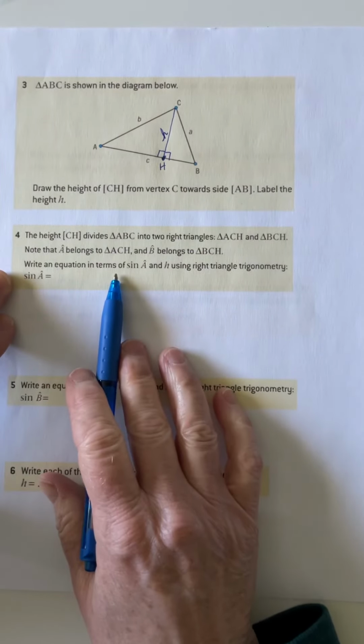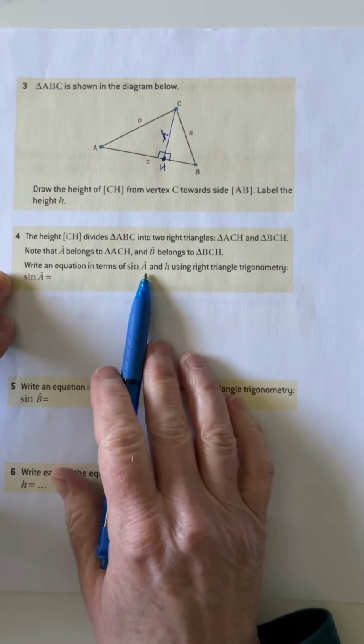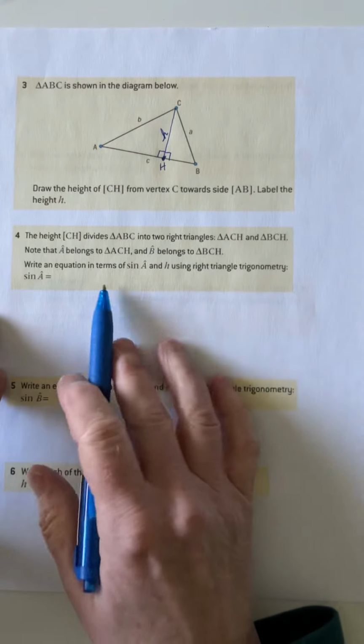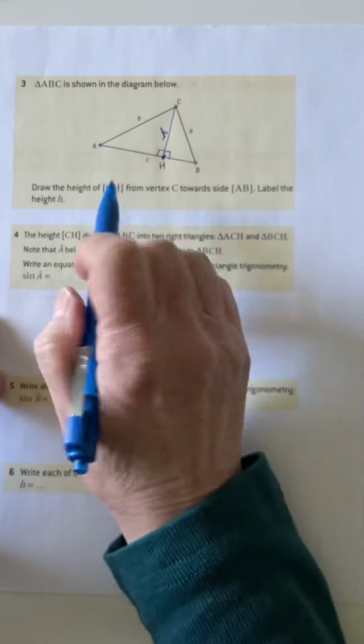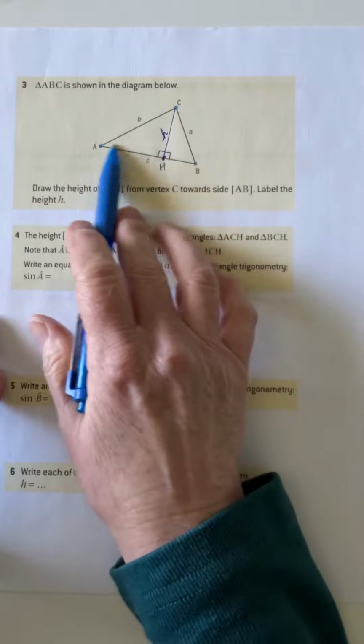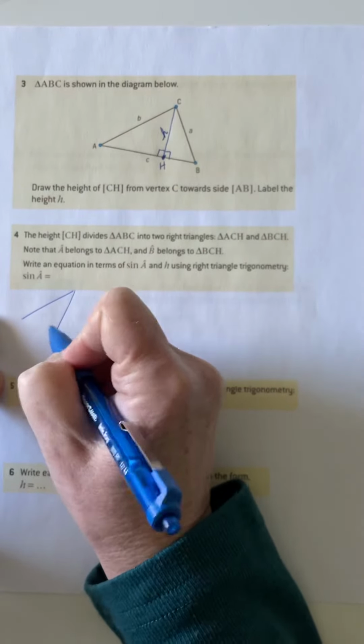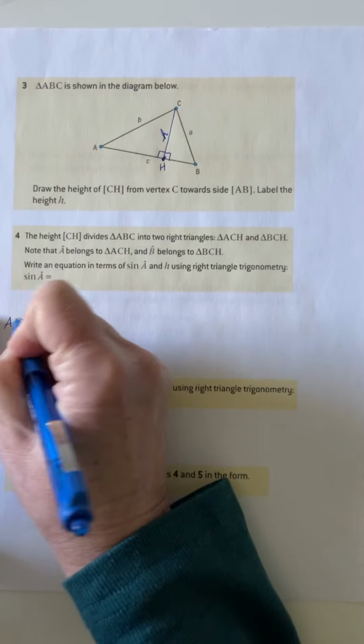Write an equation in terms of sine A. What that means is we want sine A on one side of the equation, and H, using right triangle trig. Okay, so we're going to use this triangle, because for sine A, we're talking about this right triangle. Let's draw it here. We've got ACH.